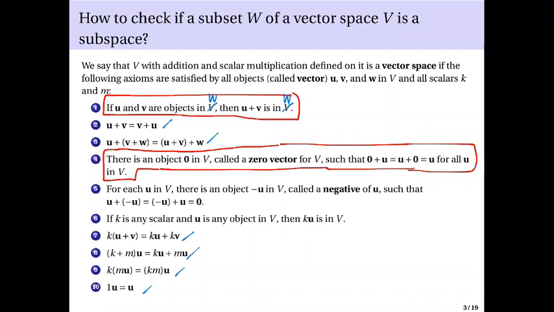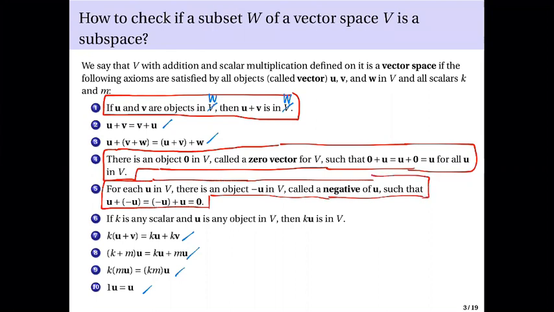We also need to verify that if we get an object in the set W, its negative is also in W. So again, this time we will replace this with W, and here we will replace this with W. So for each object in W, we must find the negative of that object in W also.